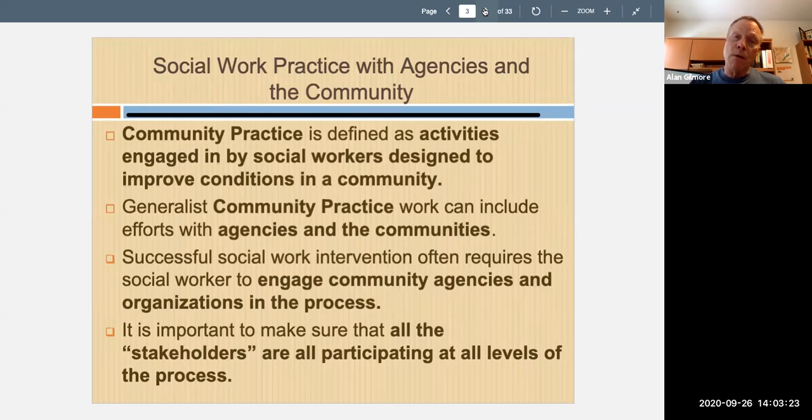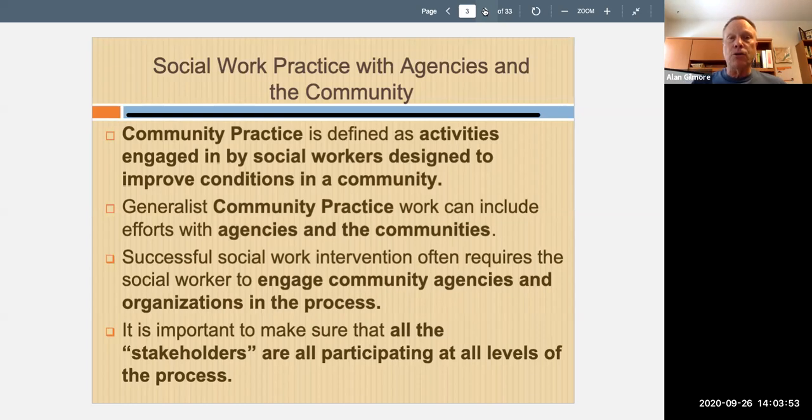And we're going to talk more about that, but it's important that early on in any efforts around community change or community practice, that you're identifying where your allies are at, who is it that will be able to participate and contribute to the effort that you're trying to move forward on. And that's going to be a part of your discussion board for this week as well.